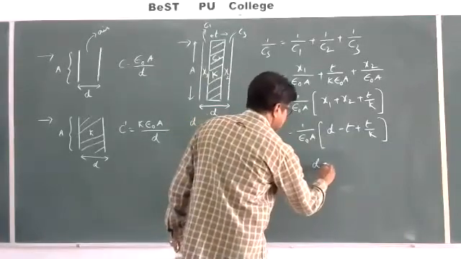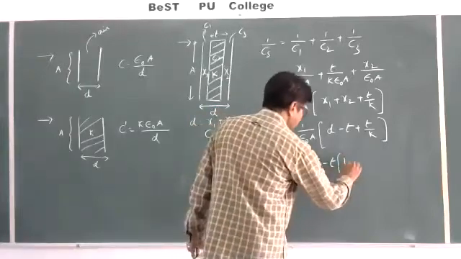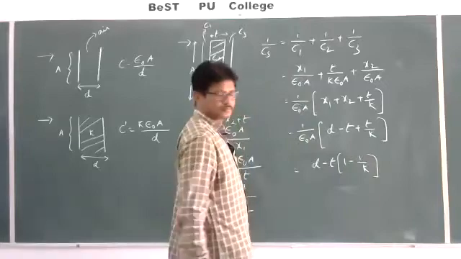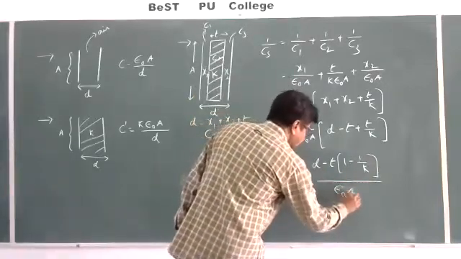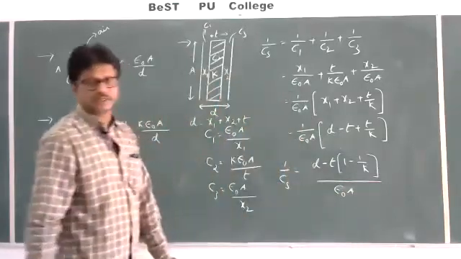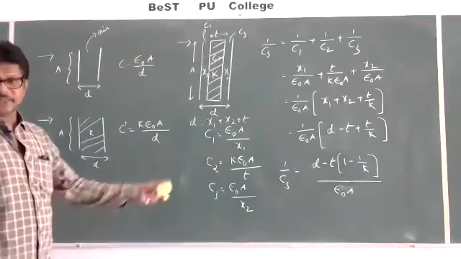D minus, if I take T common, we get 1 minus 1 by K, divided by epsilon naught A, that is 1 by CS value. From there I can get the CS value.